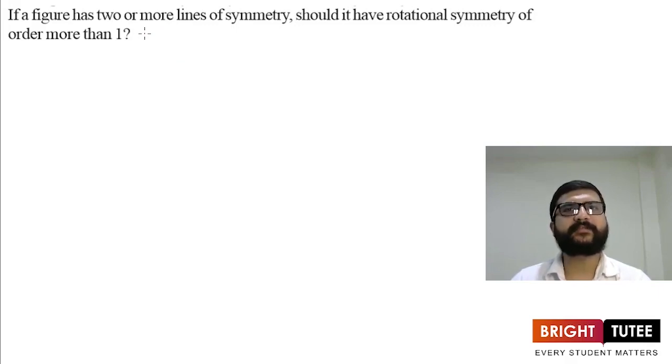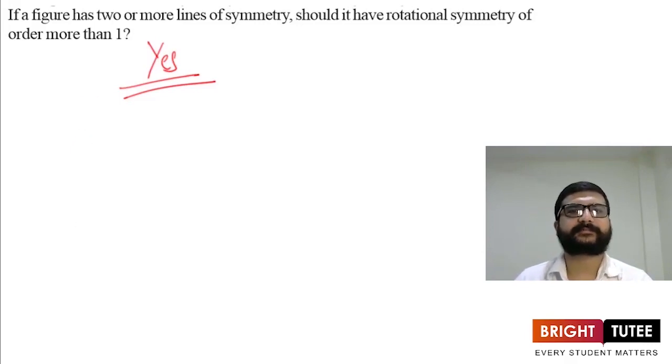It always has rotational symmetry of order more than 1 if a figure has 2 or more lines of symmetry. So therefore the answer for this question is yes. Now let's move to the next question.